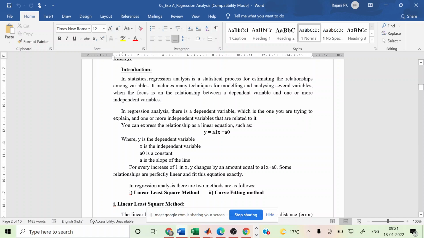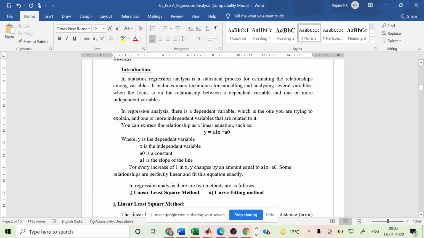That is, regression can be a1x plus a naught, that is the equation of a line. In a similar way, linear regression can be a1x plus a naught. What is this a naught? A naught is the intercept, which is a constant here, and a1 is the slope of the line. You should write that a1 is the slope of the line.